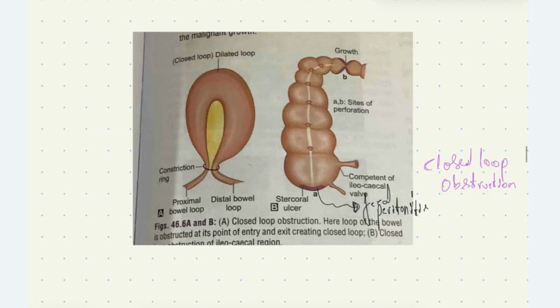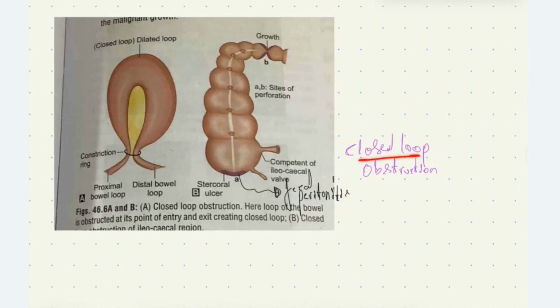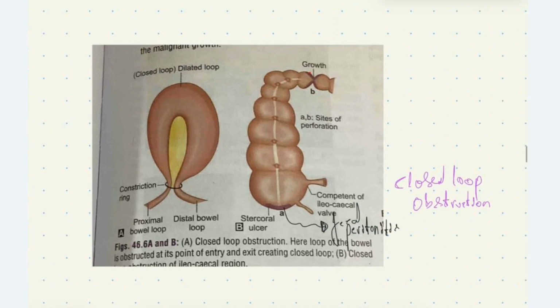And also there can be closed loop obstruction in the colon, where there may be malignancy in the right transverse colon. This growth will cause obstruction. Then the competent ileocecal valve at the ileocecal junction will cause another site of obstruction. The ileocecal valve will not allow retrograde movement of the contents after obstruction.